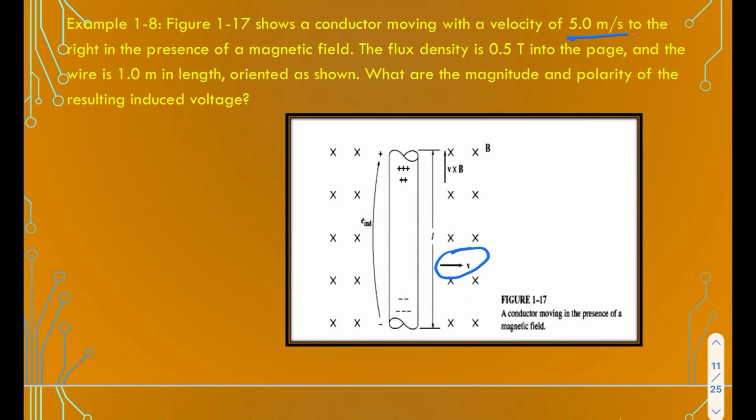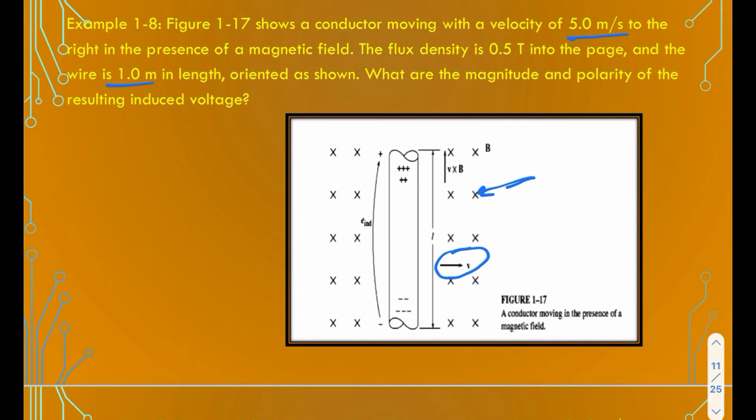X means into the page; if it is a dot, that means out of the page. And the wire is 1 meter in length, oriented as shown. What are the magnitude and polarity of the resulting induced voltage?